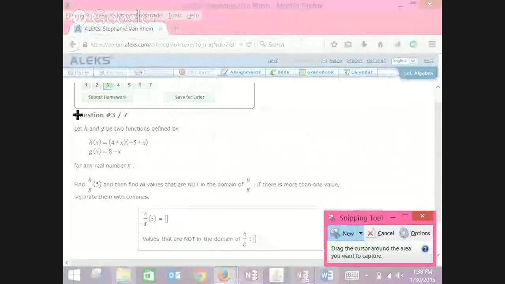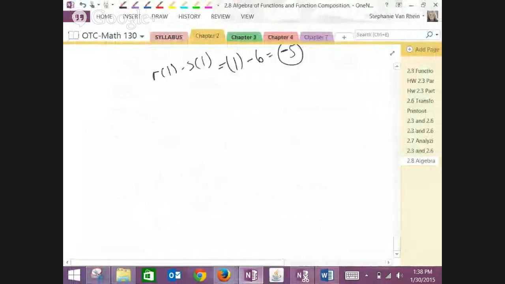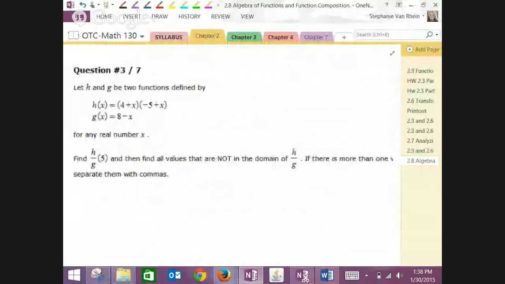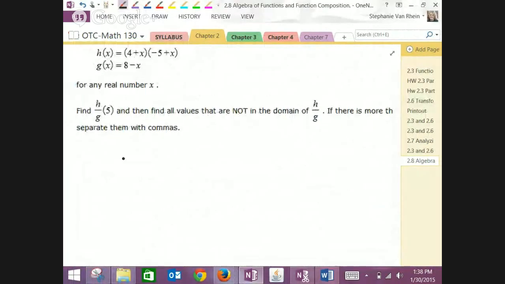So if I take this question and I say I have these two functions, and what is h of g, or h divided by g at 5, it's going to be h at 5 divided by g at 5.